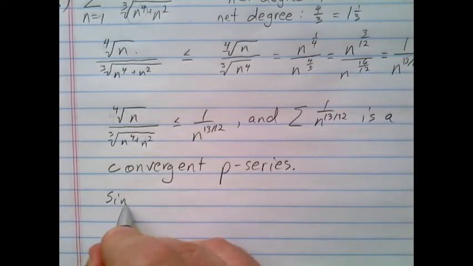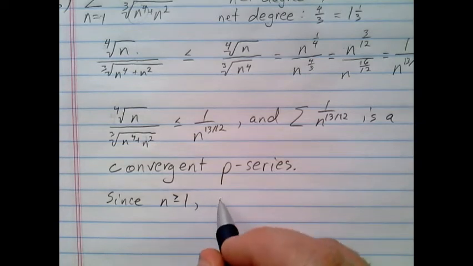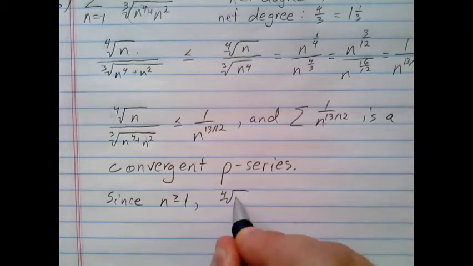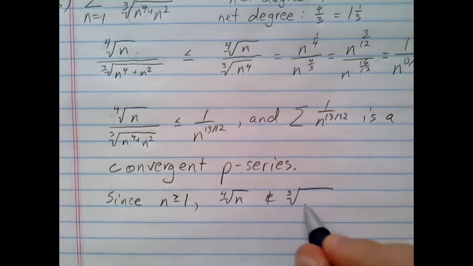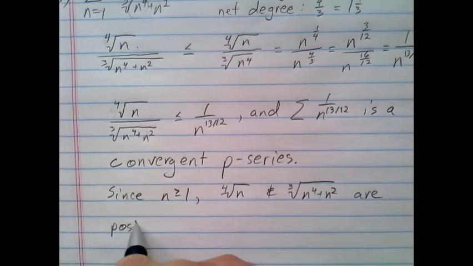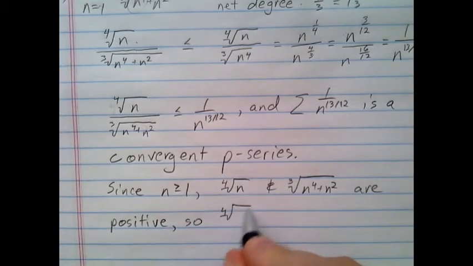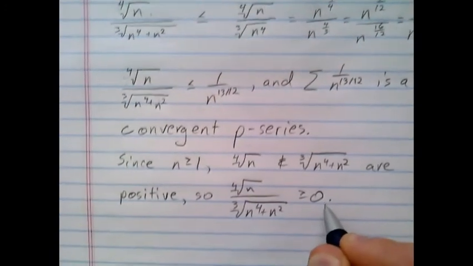So I'll say since n is greater than or equal to 1, fourth root of n and cube root of n to the fourth plus n squared are positive. So the fourth root of n over the third root of n to the fourth plus n squared is greater than or equal to 0.